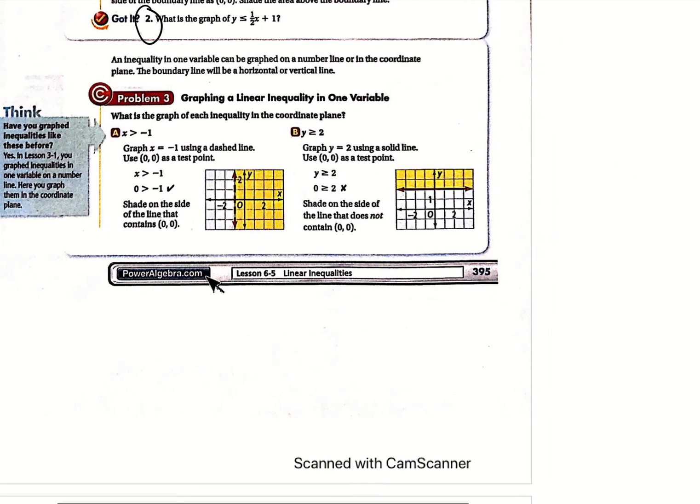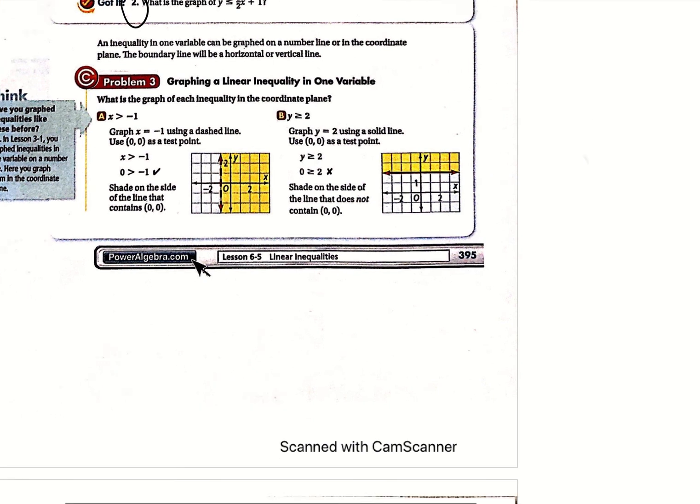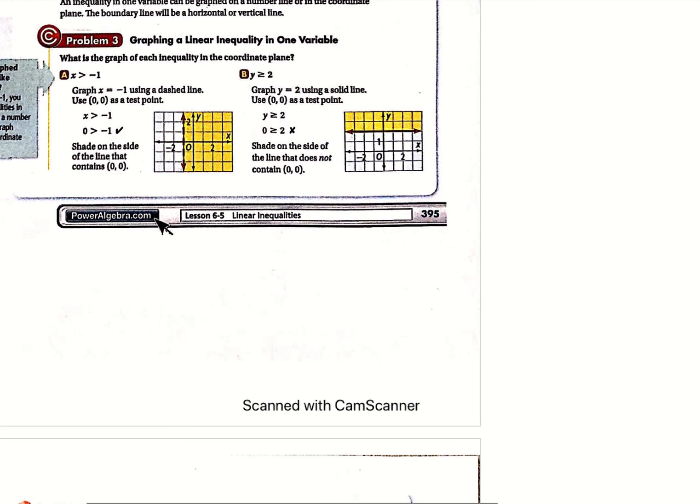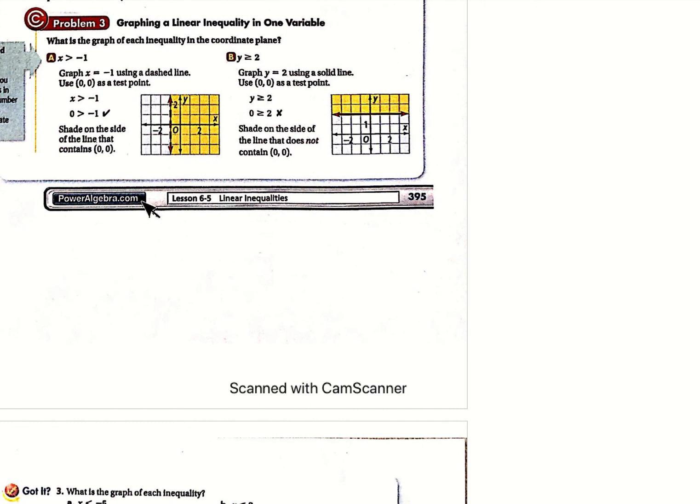All right, so as we look at problem 3 at the bottom of 395, it's talking about graphing with one variable, okay? We talked about how a lot of our one variable stuff, well, I guess all of it really, was on the number line earlier on in the year.